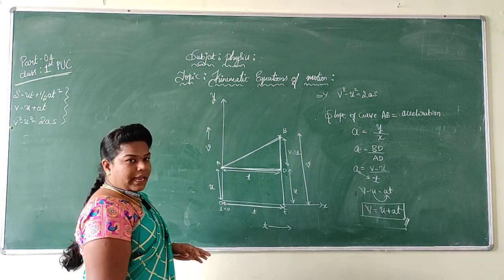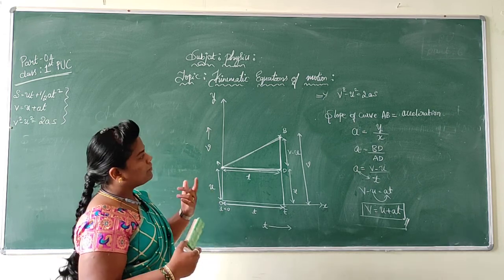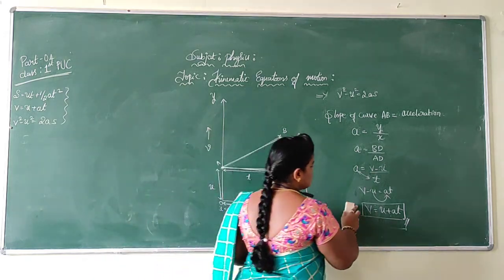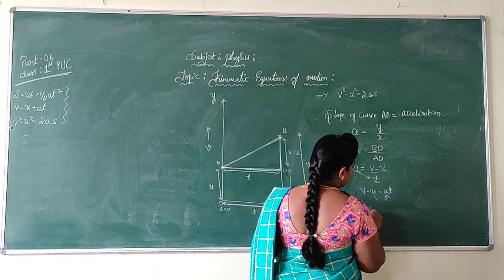So I am continuing again from here. For the derivation of V square minus U square equals 2AS, I should follow this method, and now just observe what I am doing here.